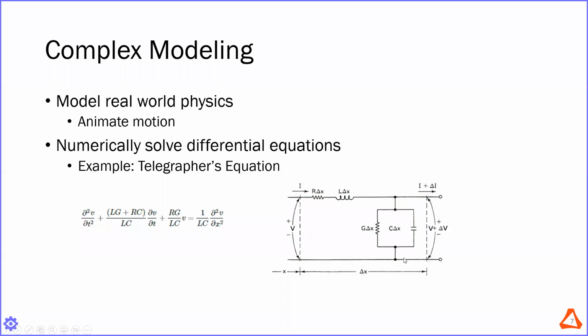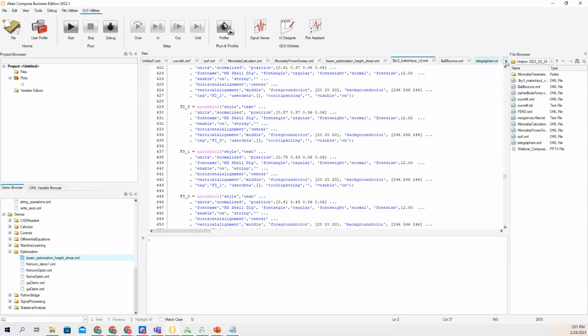All of these are really unavoidable in the real world, and we can start to model them, at least at a high level, in Compose with this equation right here, where we take all of these components in mind, and we can treat this as a differential equation and solve it. So let's hop back over into Compose.